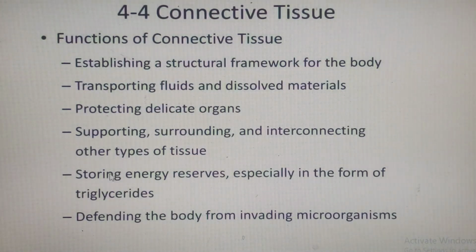Then of course storage of triglycerides by white adipose tissue. Yes, protection, because connective tissue is generally going to have immune cells, macrophages, neutrophils, and all that. So mainly loose connective tissue will be important in surrounding and in binding. So that's what we are going to say about areolar.